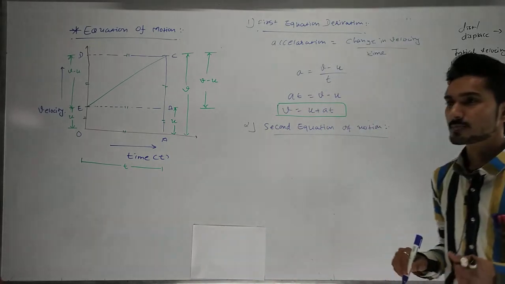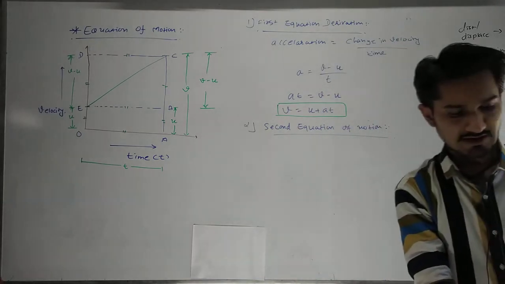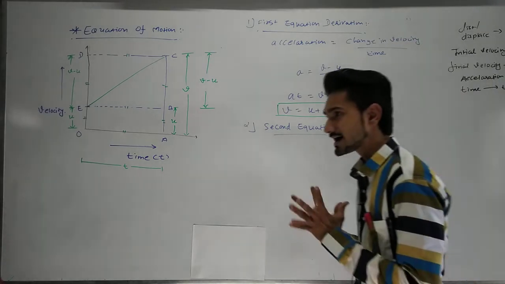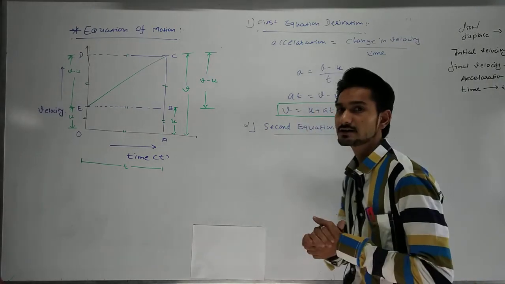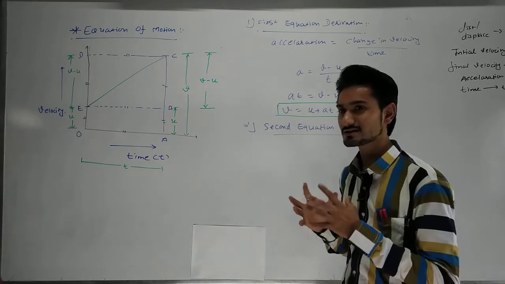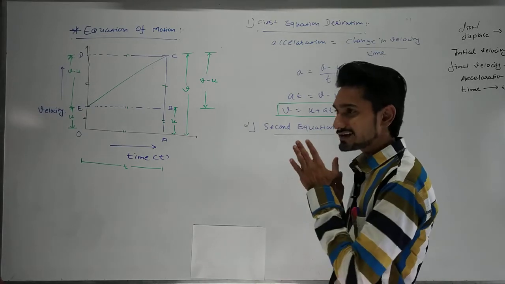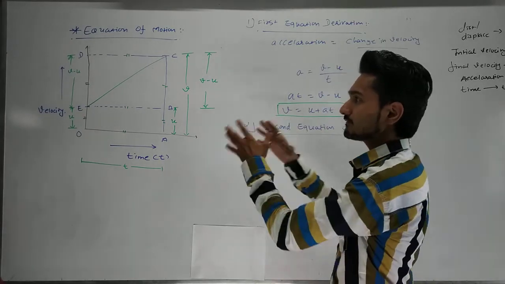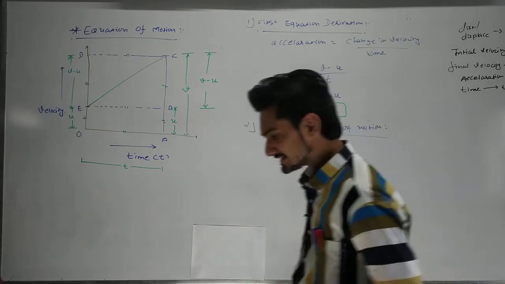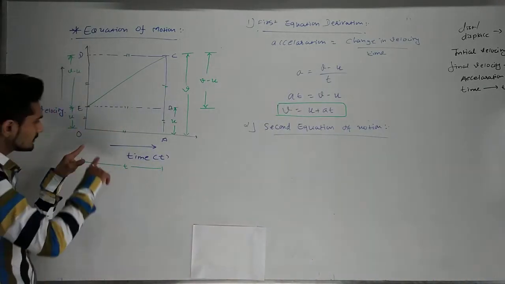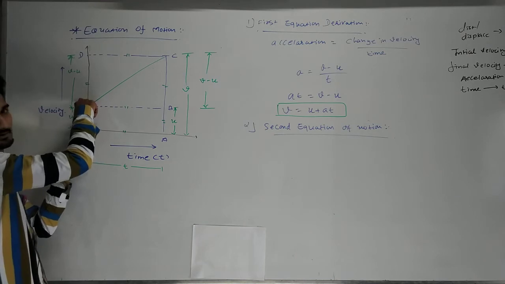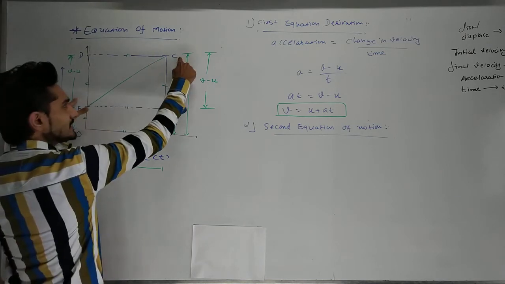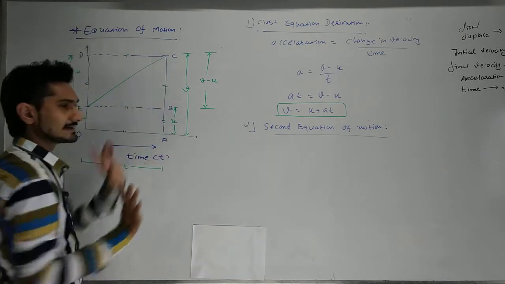And for that I need to measure the displacement. How can I measure the displacement, or the distance, or the traveling area from that graph? If you can see, I have traveled from point O to point E, then I go from point E to point C, and then I stay at that.